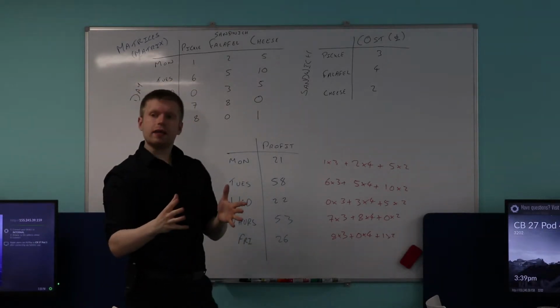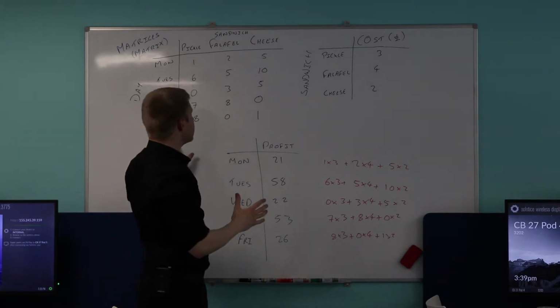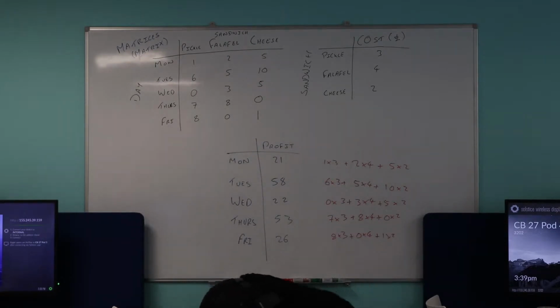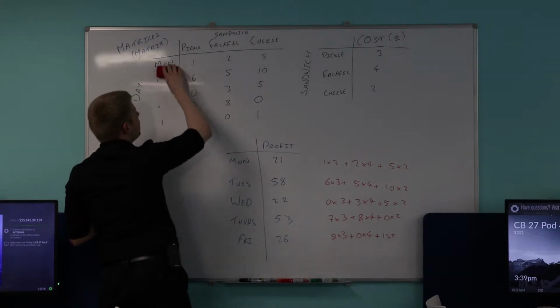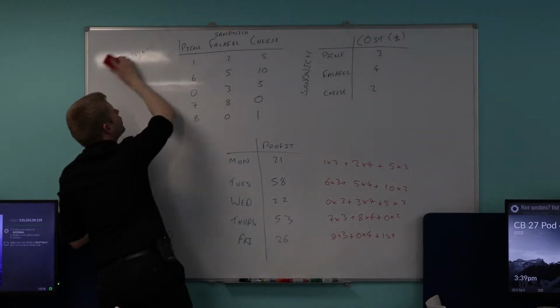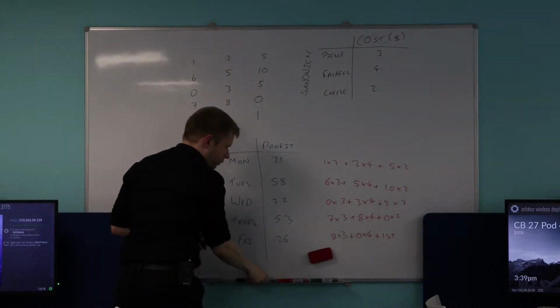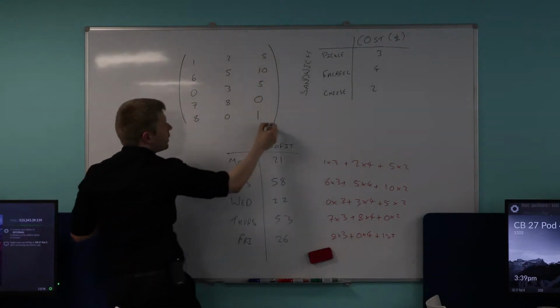A matrix is specifically a table of numbers. But I have given you these numbers in the context of sandwiches and the cost per sandwich. So what happens if I remove that context? What if I just gave you this as one table of numbers? I might put a bracket around them to illustrate that it's one table of numbers.